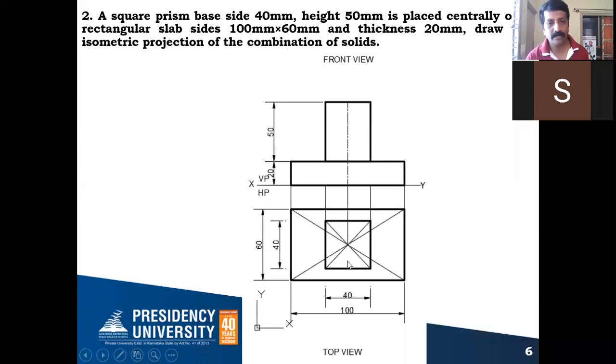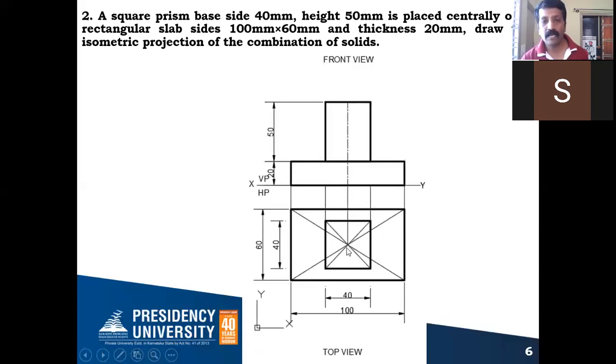So all the sides 20 millimeter you mark. After marking all these 4 points, from each marked point you draw the horizontal line, and from the right and left marked points, you draw the vertical line.